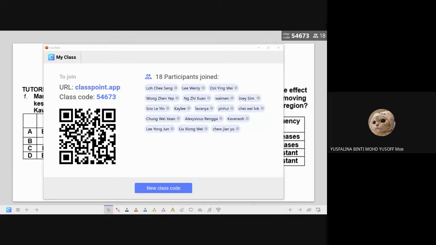Maybe you have to use the QR code. For those who use laptop, I'm not sure. I think you have to use the website. I think before this, when we use it before the holiday, everything is okay, right? Maybe they got the server problem.